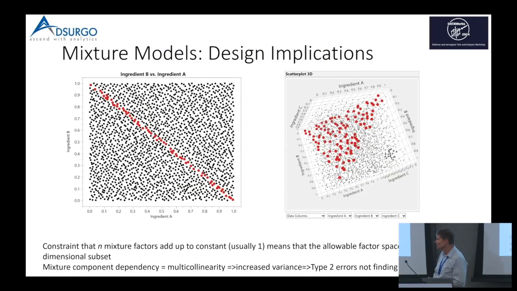Well, by definition, if you have a two-component mixture, ingredient A and ingredient B, that has to sum to 100%, then if you have 20% of A, you're going to have 80% of B. So what you have is this red line here of what is the art of the possible for your design. So by definition, you have an inherent high collinearity.